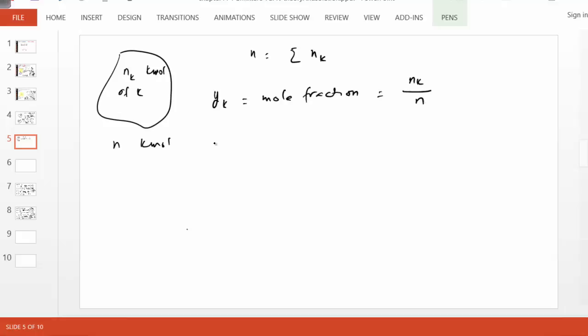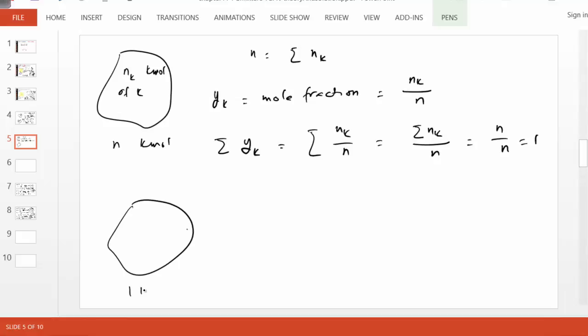And just like we did for mass fraction, we can show that the summation of yk is also 1. And a mixture can be expressed in terms of 1 kilomole with yk kilomole of component k. Again, the mole fraction you can think of as having a unit of kilomole of k per kilomole of mixture.